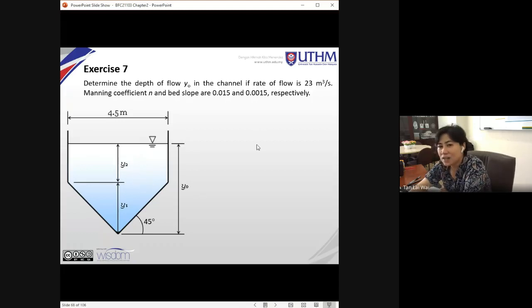You need to find Y naught. The flow rate is 23 meter cube over second. Manning is 0.015, which is concrete or similar lining material.